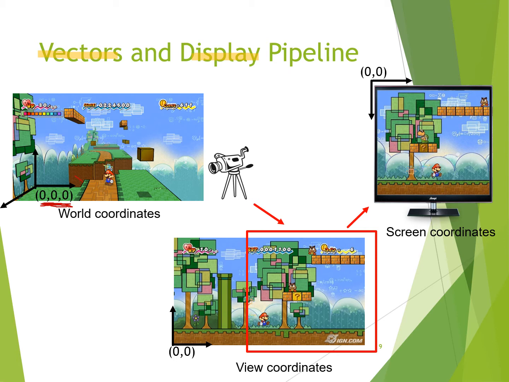So here is X, here is Y, and here is Z. A character is moving on the X, Z plane. If the character jumps, then we are going to move his Y coordinate. So X, Y, Z is the coordinate system inside the 3D world.